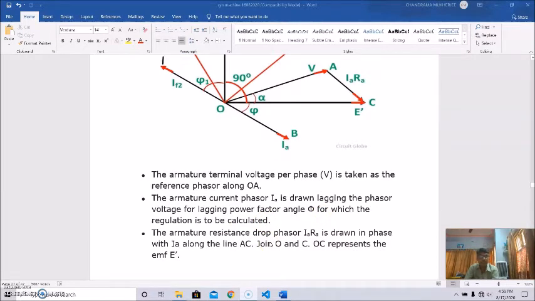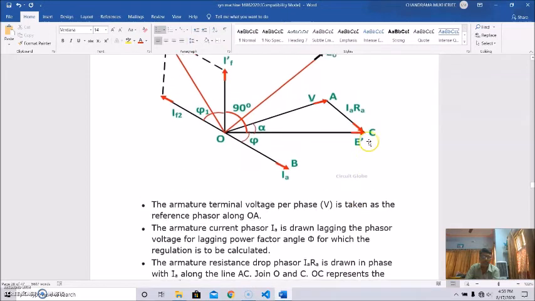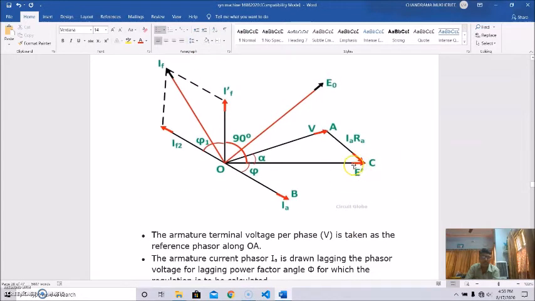The armature resistance drop IARA is drawn in phase with IA, and this line AC represents the IARA drop. So joining O and C, OC will represent the EMF E dash.